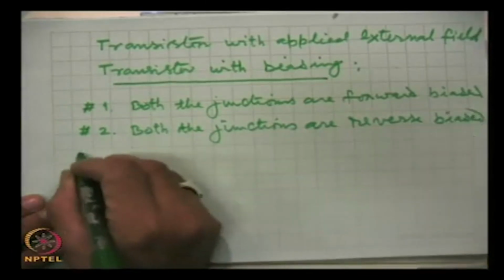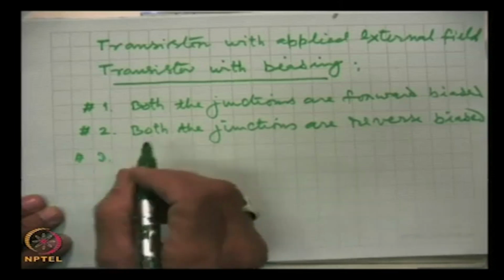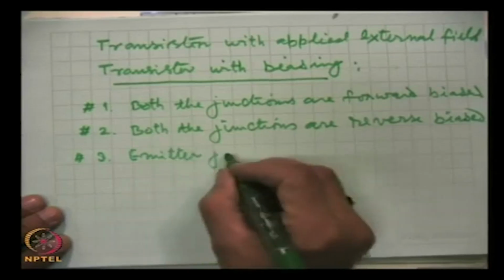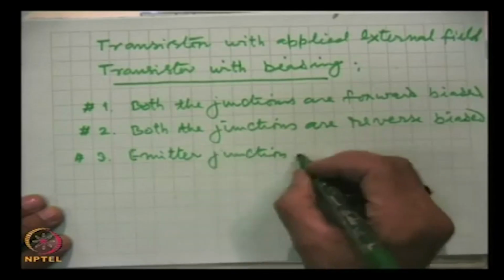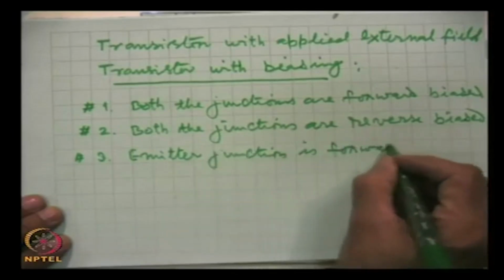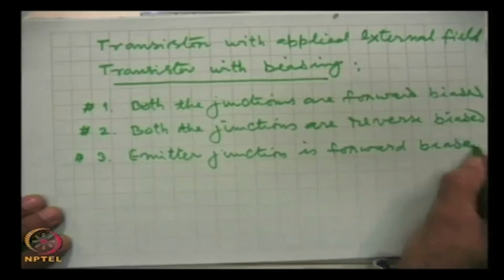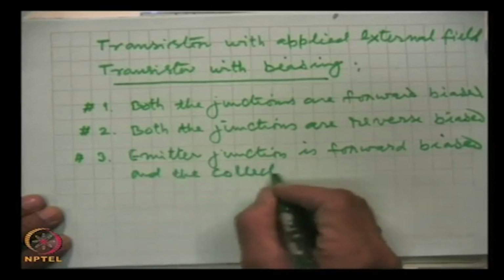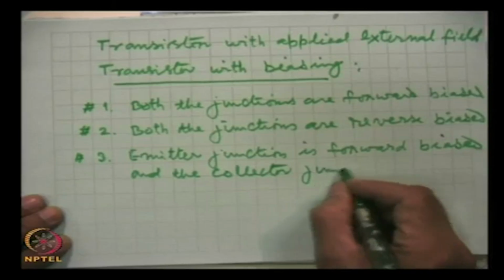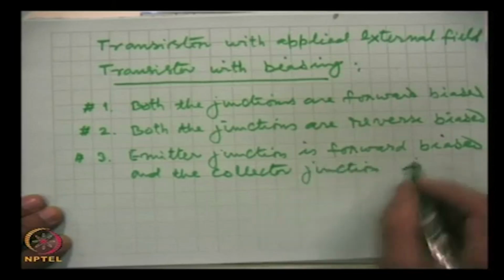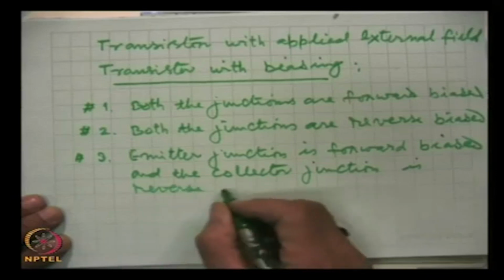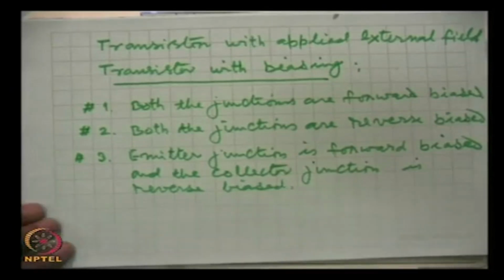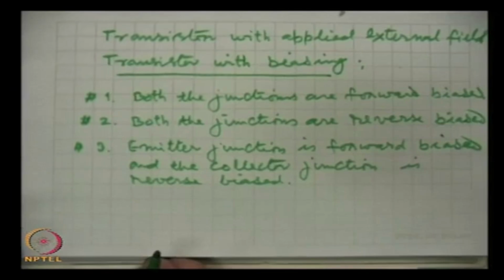And the third scheme is the emitter junction is forward biased and the collector junction is reverse biased. These are the three schemes which we will be discussing.